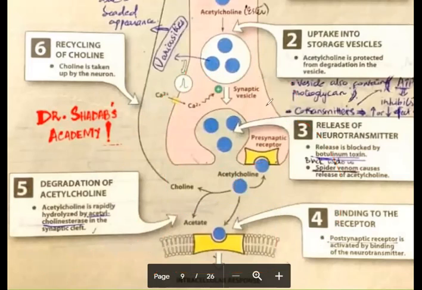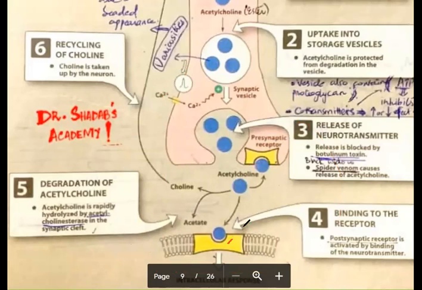Now you see this acetylcholine is released into this space, and then it is attaching to the membrane. Some of that goes and binds to this receptor.